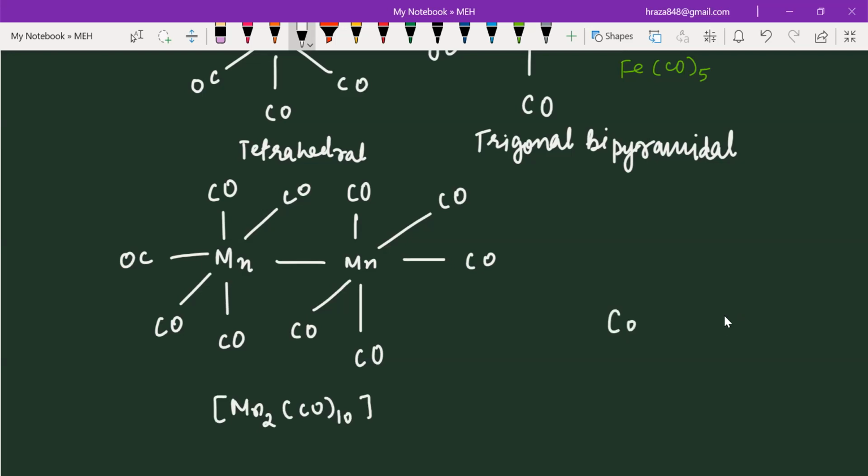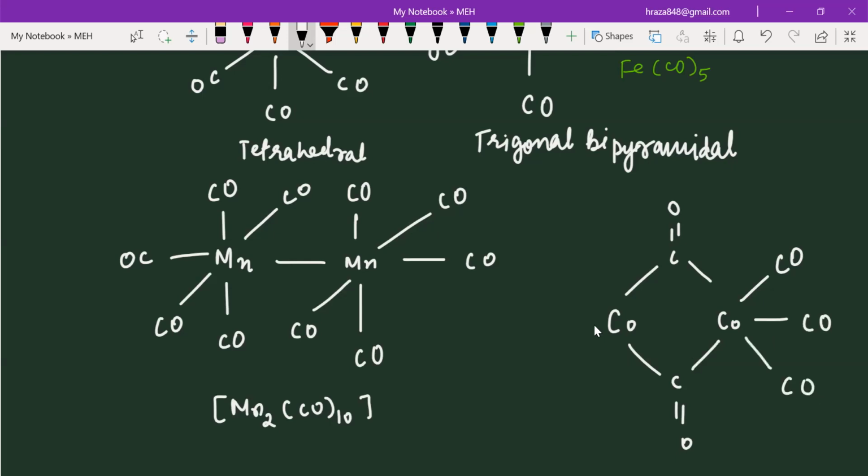Another having 2 central atoms is this, CO, that means C double bond O, C double bond O, and then comes CO. And it has a formula Co2(CO)8.